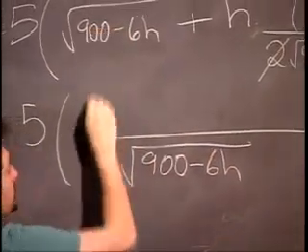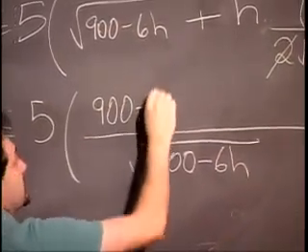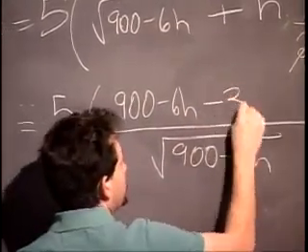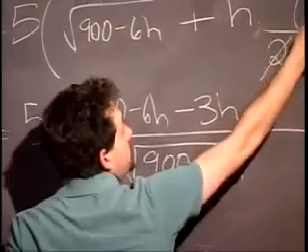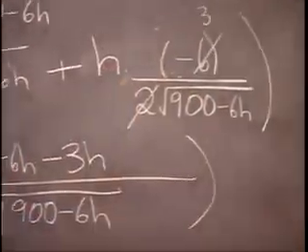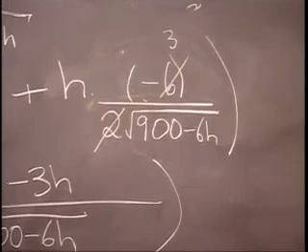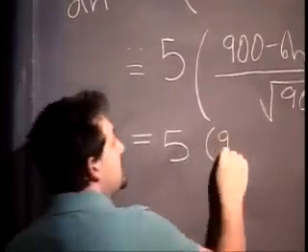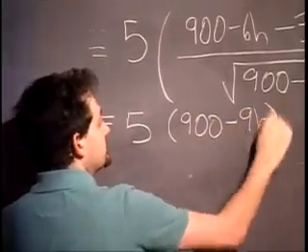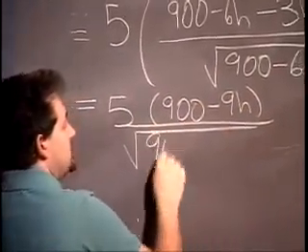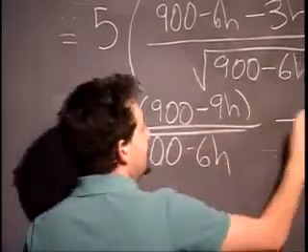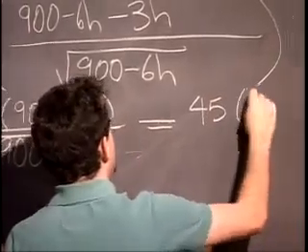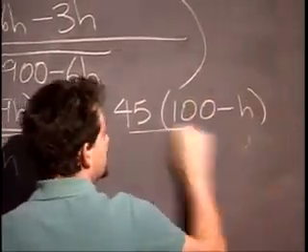And that causes this to become 900 minus 6h. The square root goes away when you multiply through. And then I better subtract out another 3h. And that came from the minus here, then the 3, and then the h. And if you work this out, this is 5 outside of 900 minus 9h over root 900 minus 6h. And we might as well factor out a 9 and write this as 45 outside of 100 minus h over the square root.